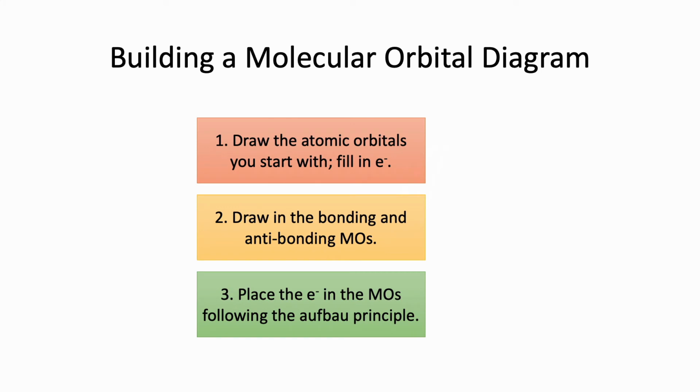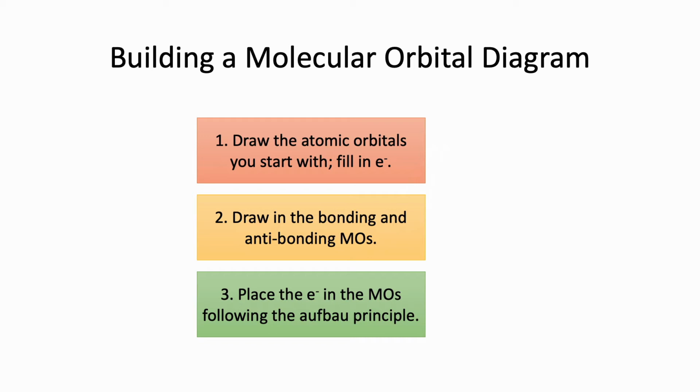So let's talk about the steps to building a molecular orbital diagram. The first thing is to think about the atomic orbitals you are going to be combining. For your information, those are only the valence electrons from each atom. Anything that's considered a core electron, you do not include in your molecular orbital diagram. Next, fill in the electrons that correspond with those atomic orbitals. Again, it's going to be the number of valence electrons in your atom.